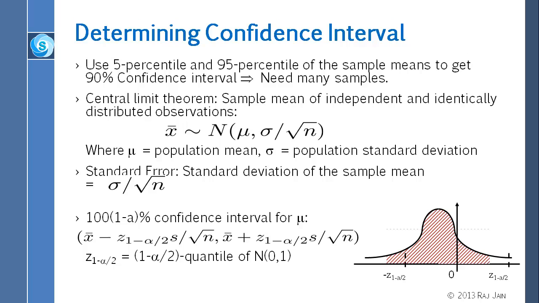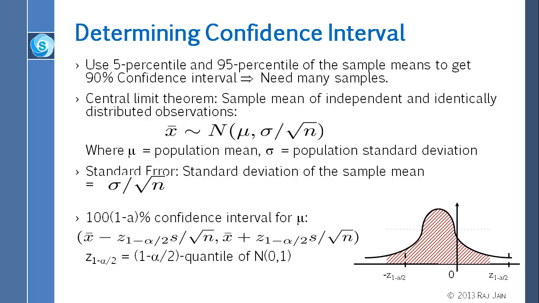If they were all normal, you can very easily show that if you take one observation, it will have a standard deviation of sigma. You take two observations, you add them up, their variance will be equal to 2 sigma squared. So the variance of their mean will be sigma squared by 2, and so its standard deviation will be sigma divided by square root of 2.